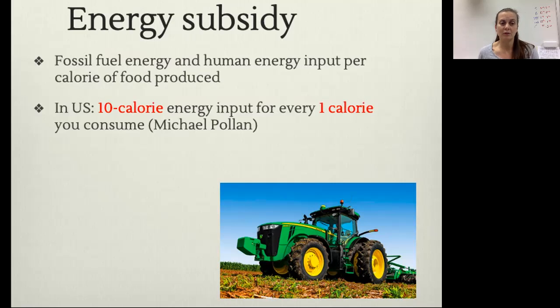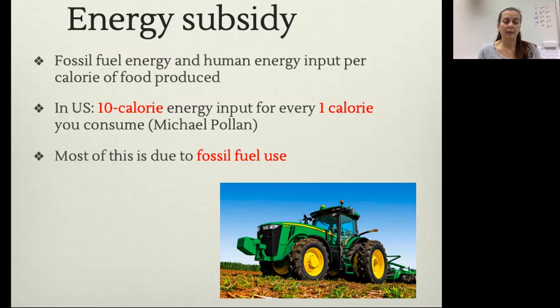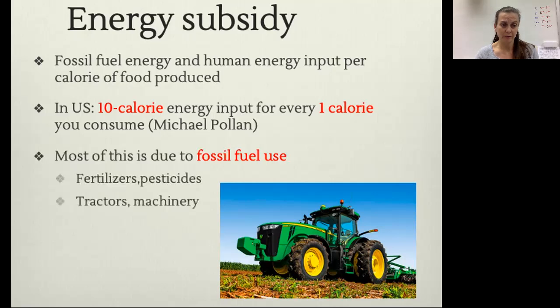So there's a lot of steps along that process. And most of that 10 calories comes from fossil fuel energy use. Whether that's, as I said, in the form of fertilizers and pesticides, which are produced with fossil fuels, whether that's in the tractors or the machinery, the irrigation systems, or the transportation.